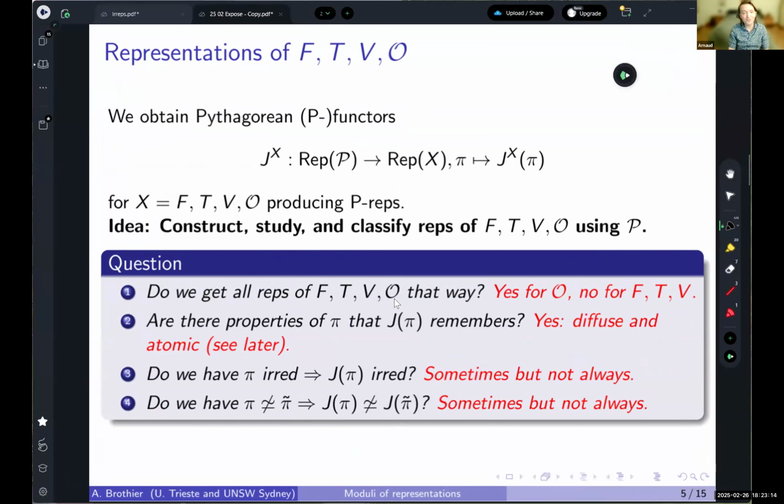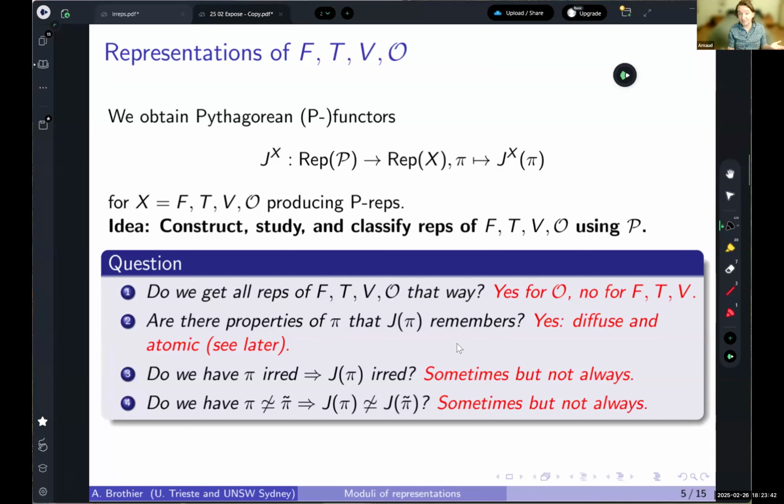So do we get all representations of FTVO? Well, in fact, you get all of them for the Cuntz algebra. How do you prove that? Well, basically, you apply your functor twice, and you realize that the second time you apply it, nothing happens. So it shows you that your functor is essentially surjective, so you get all of them. But for FTV, you don't get all of them, as I just said.